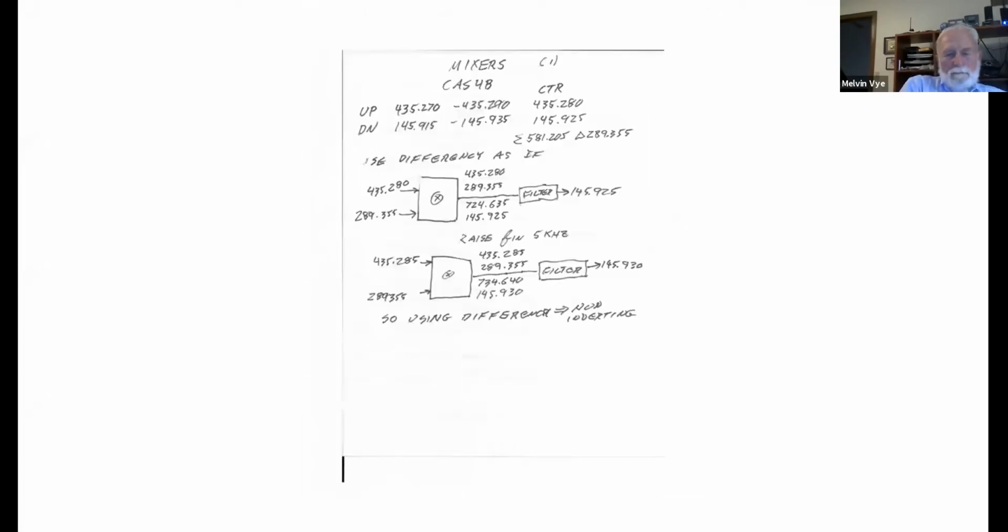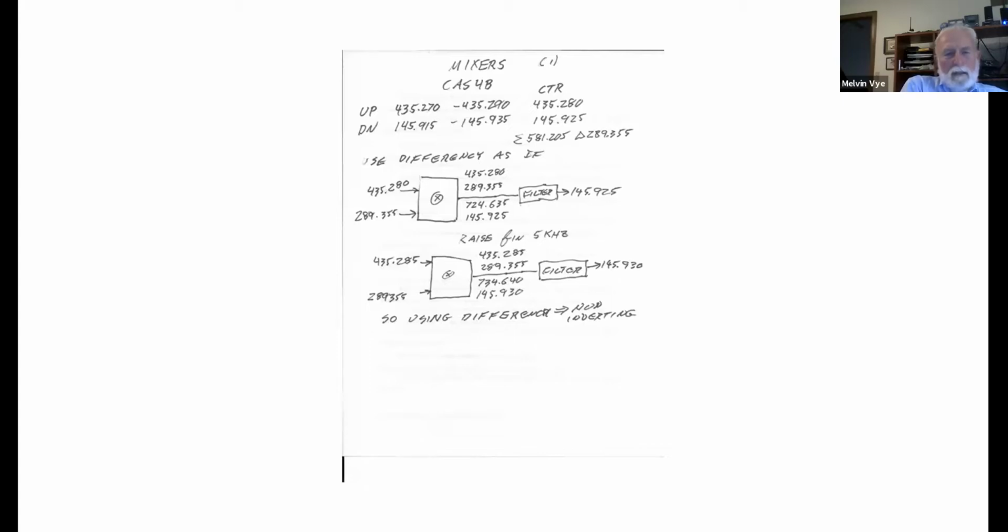All right, now we're coming into one of the problems that I had on the extra class test. So we're going to spend a little bit of time talking about mixers. And I chose the satellite CAS-4B, which is one of the Chinese satellites. And if you look at this, it has an uplink. It's mode UV.